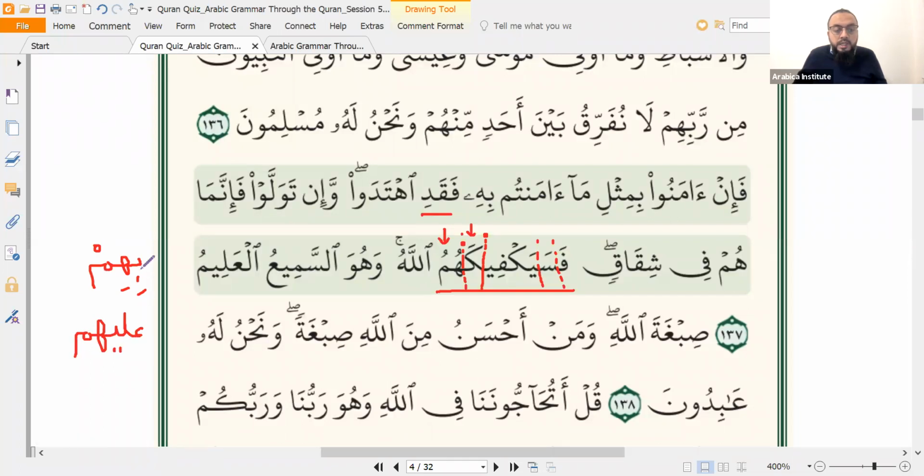So there's a meaning of bi or ala in the middle, between the ka and the hum. That's what I'm saying. The ka means you, so Allah is sufficient for you. Even in English, you've got to put a for here. So there's a meaning of laka alayhim.